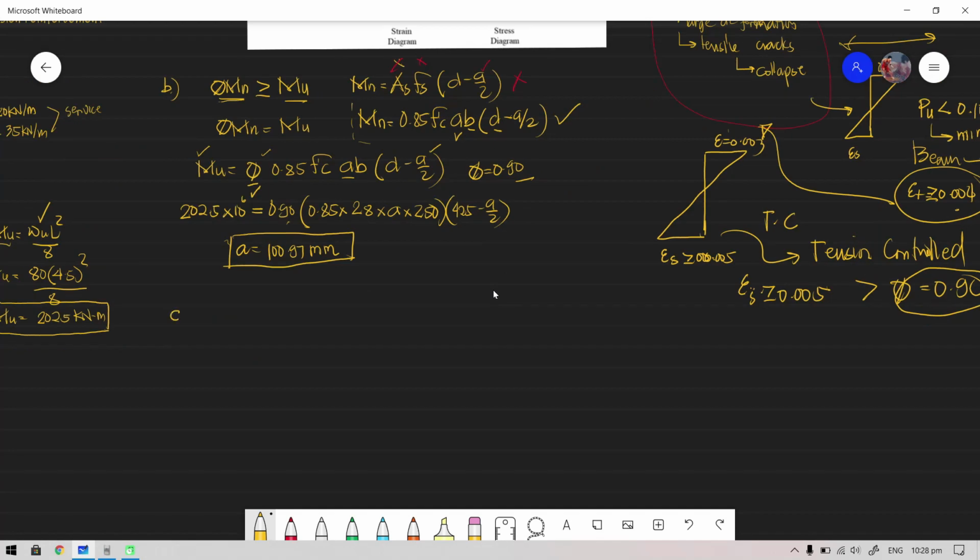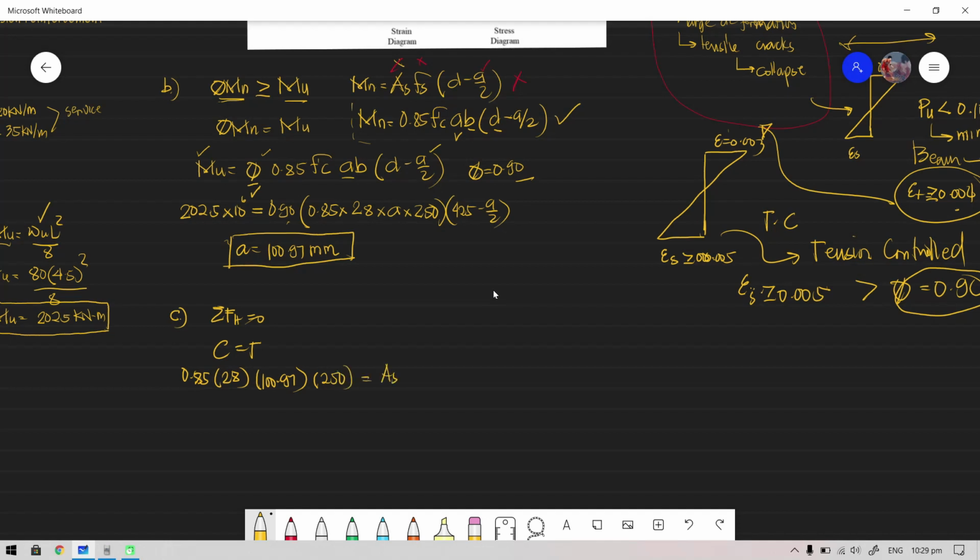And then, for letter C, ang gagawin na lang natin is summation of forces horizontal equal to 0. So, yung C is equal to T. Okay, so we know that ito 0.85, f'c is 28, A is 100.97, B is 250, and AS, yung unknown.